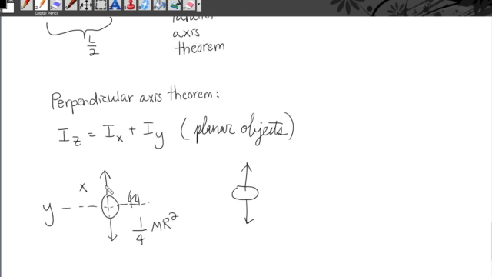Well, we know that here it's 1/4 mr squared, but this is also the diameter. So here it would also be 1/4 mr squared. So then if it's going through the center, it would be the sum of these two, which would mean then we have 2 times 1/4 mr squared, which is 1/2 mr squared, which checks out.